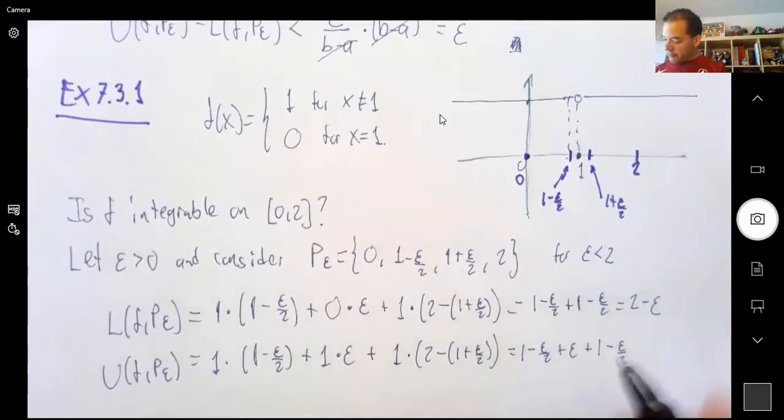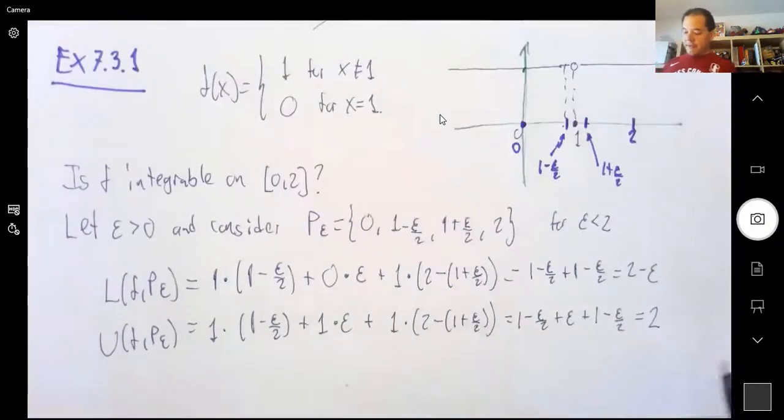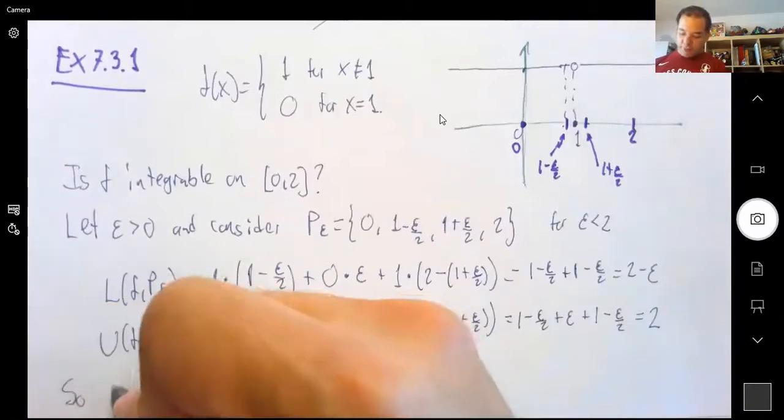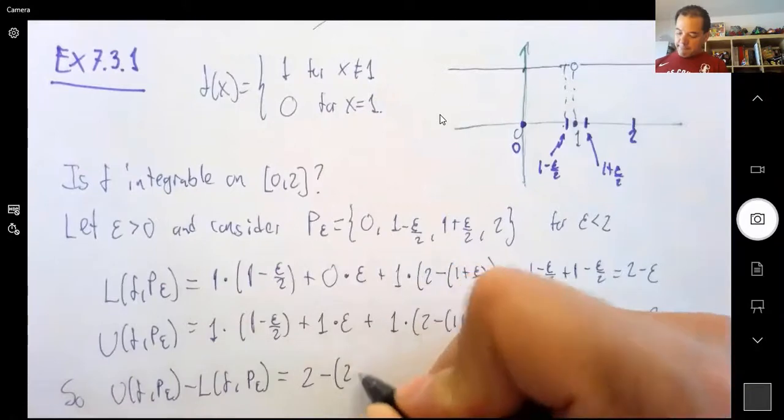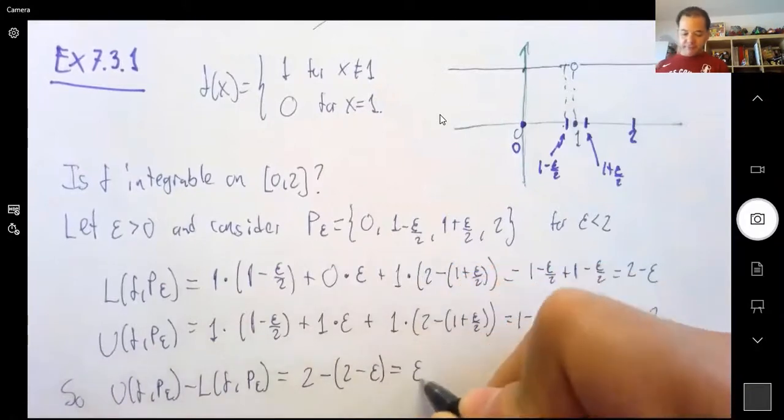So the epsilons go away, and this one is 2. Right? And we are done because the U minus the L will be equal to epsilon.